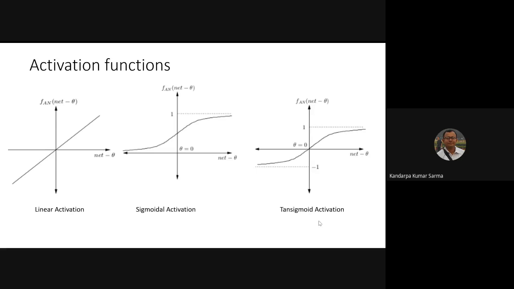These three have their own strong points and drawbacks. Linear activation will be preferred where polarity is not a consideration. Then sigmoidal activation is taken into consideration when we are dealing with unipolar or one type of polarity in the classification decision, and when we are facing bipolar codification or bipolar classification codes, we need to use the tan sigmoidal activation function.